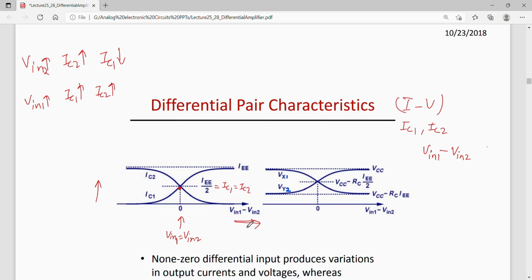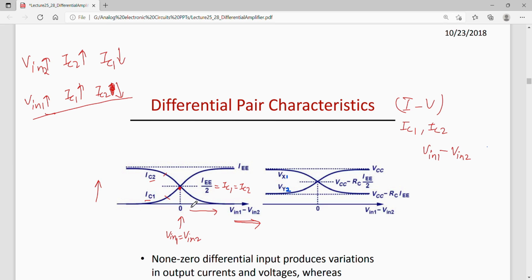If I look from this point towards the right, V in 1 is increasing, so IC1 should increase. This is IC1 here, increasing, and from this point IC2, this current, is decreasing, which is true here.